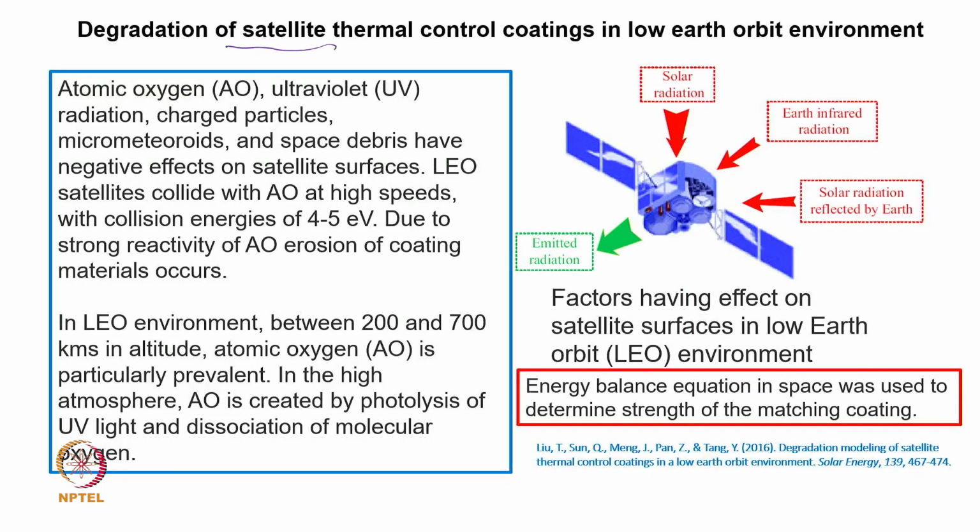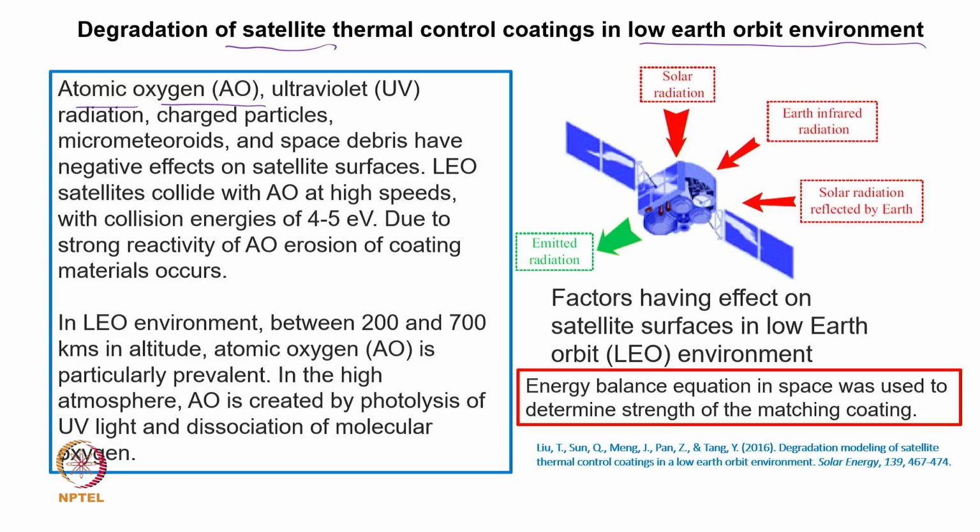Now, in my previous lecture I also covered something on a satellite, particularly one useful in a low earth orbit environment. We mentioned that in a low earth environment there is atomic oxygen which enhances the damage, either corrosion-assisted damage or erosion plus atomic oxygen reaction, and it increases the overall damage.